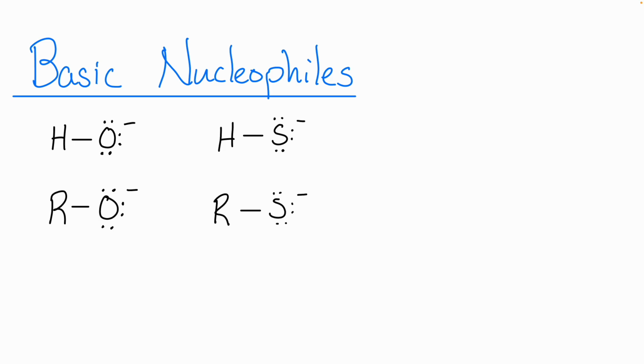Other basic nucleophiles that we've seen are carbon nucleophiles, and these are kind of a special category here. We have that one stable carbanion, that cyanide ion, kind of a special case. The one that we've seen quite a bit, and it's very important because it's way more flexible, are those Grignards.